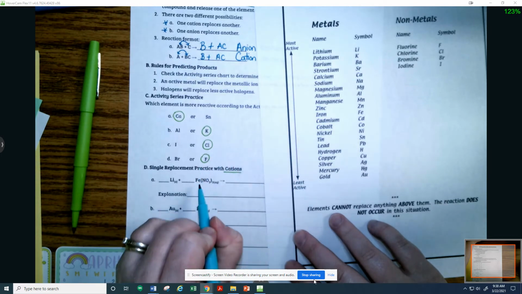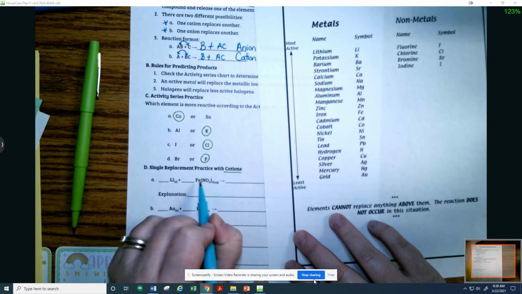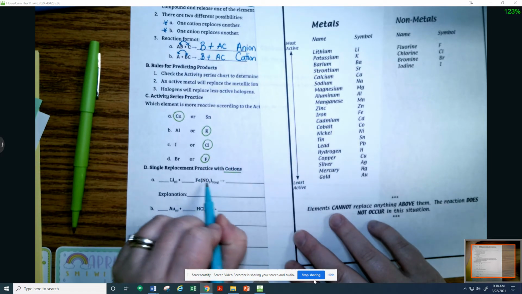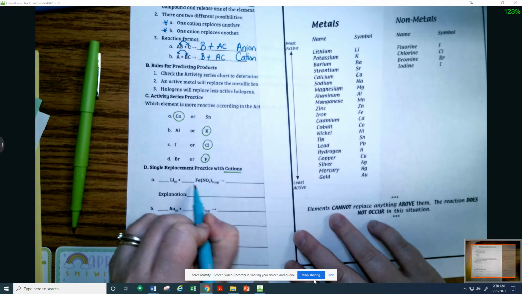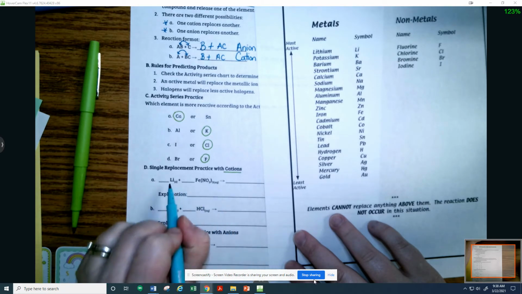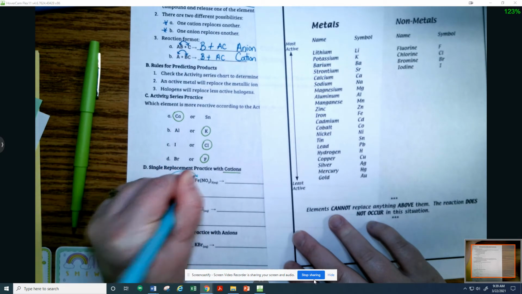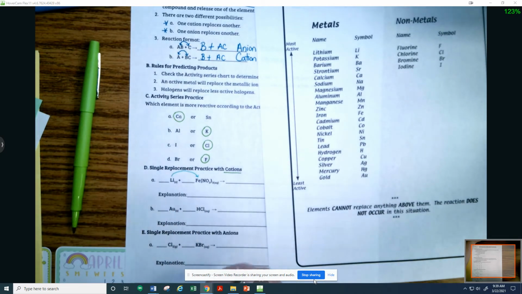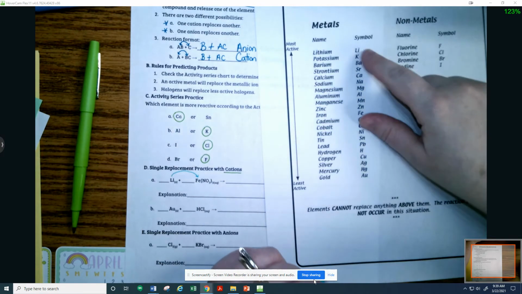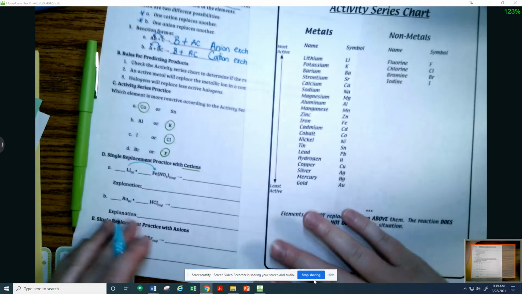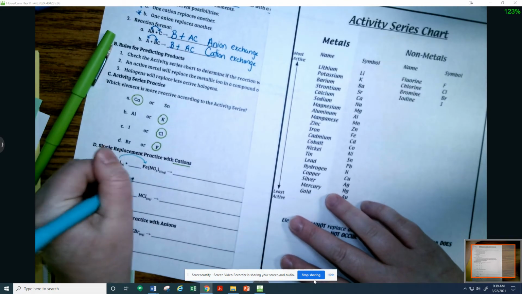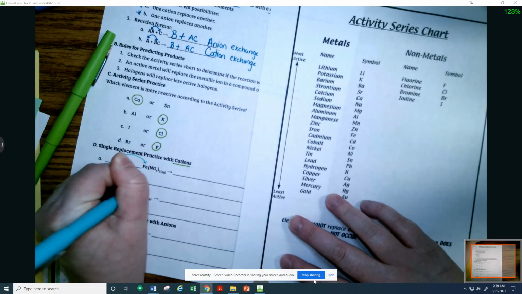If you remember in our naming formula system, we have the metal always listed first, or the cation first. So we have to compare the reactivity of lithium to iron. Is lithium more active or less active? Well, we can see here that it's at the top. And so that's going to help us with the explanation. So yes, the reaction will occur.